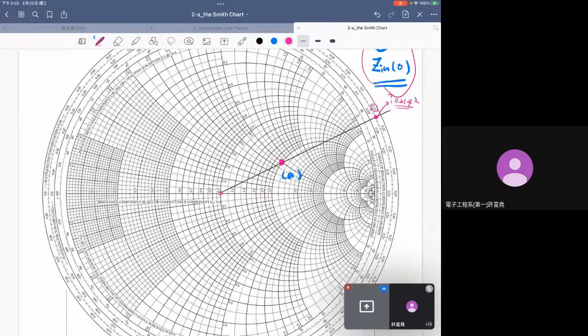Use your compass to mark this one. It is not easy for me to do that on the iPad, but you should use your compass for the circle.